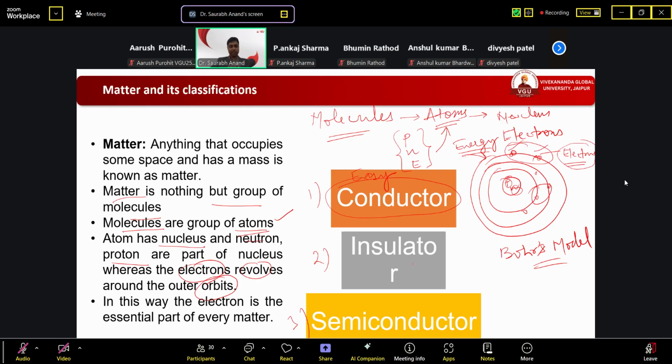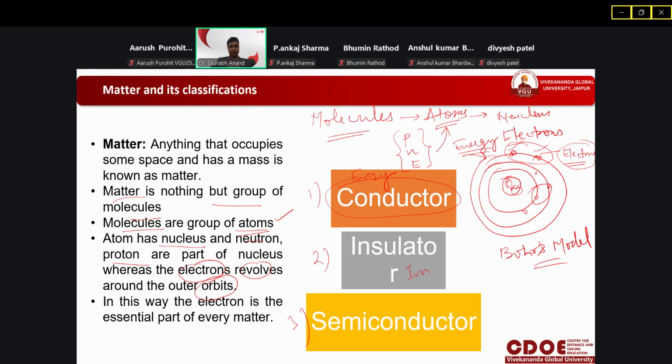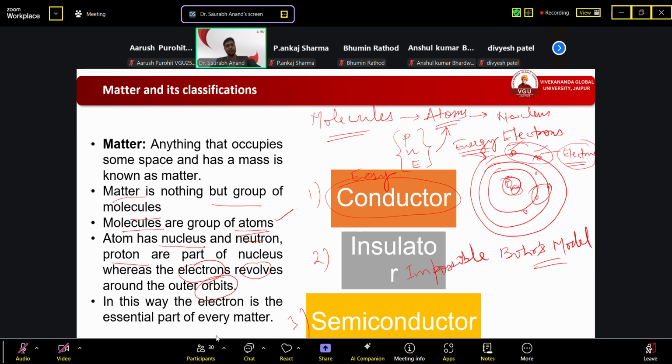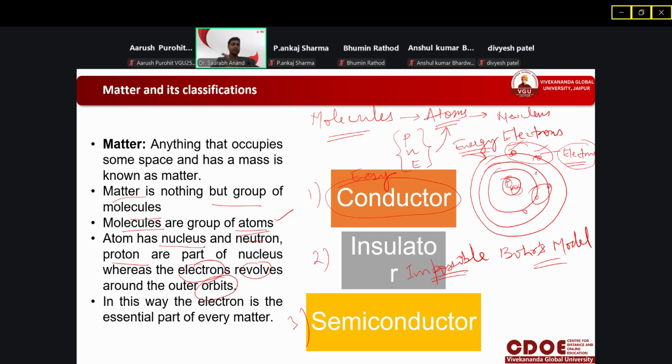But in an insulator, it is impossible. The conduction is not possible. Conduction being impossible means the flow of electron is not possible.